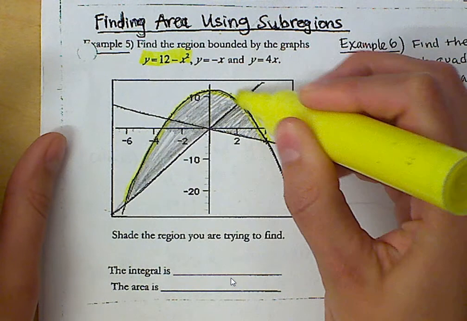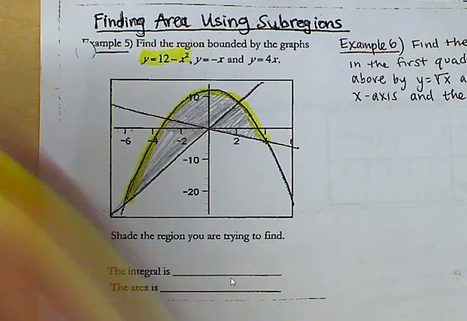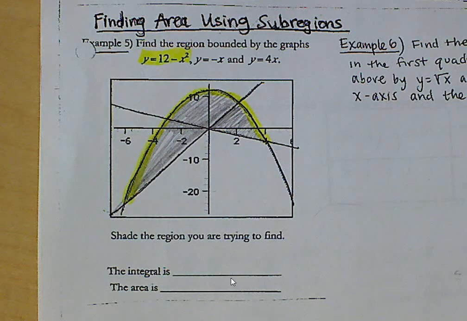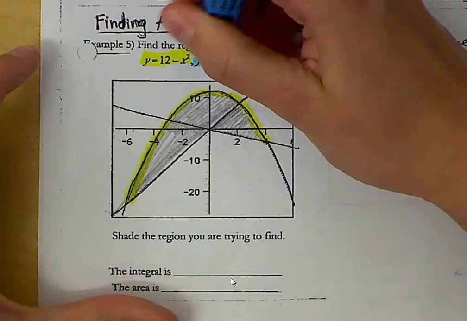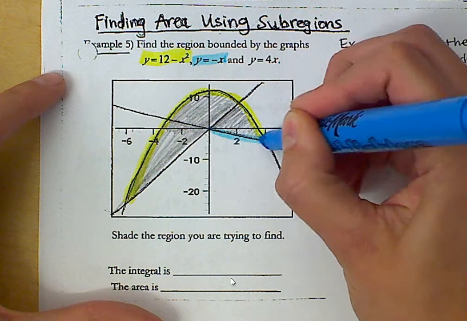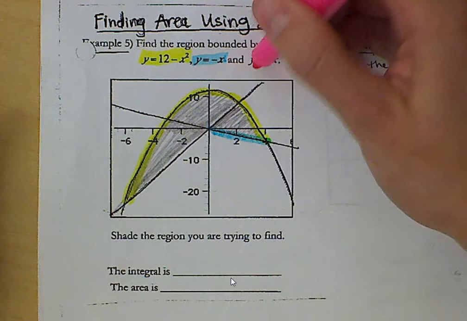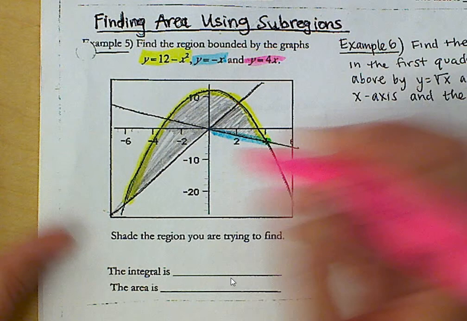I'm just going to make yellow the places that touch my shaded region. I'll make negative x blue. So negative x is this line with a negative slope. And then I'll make 4x, positive slope, pink.